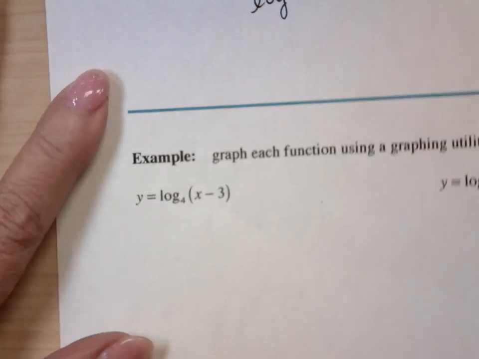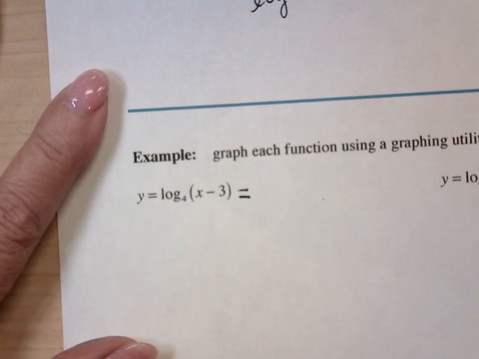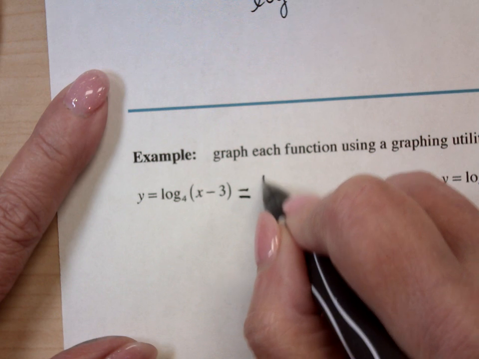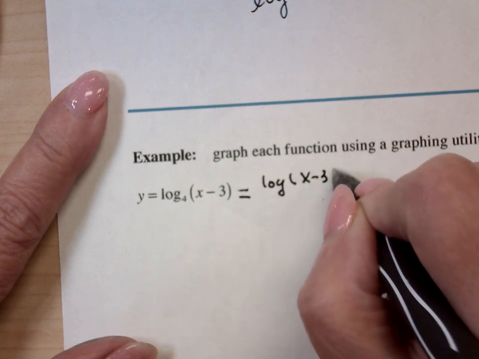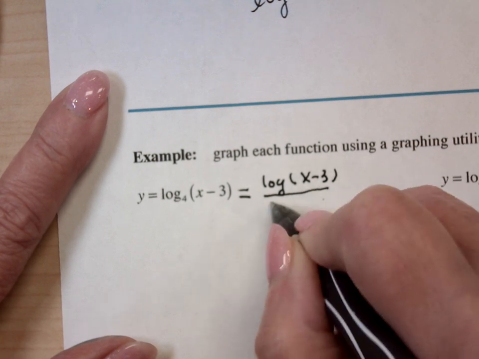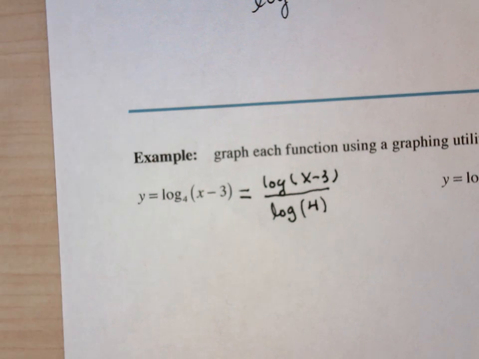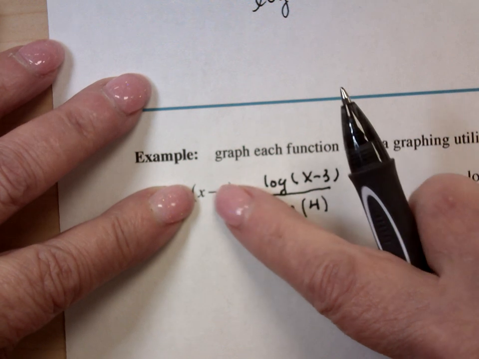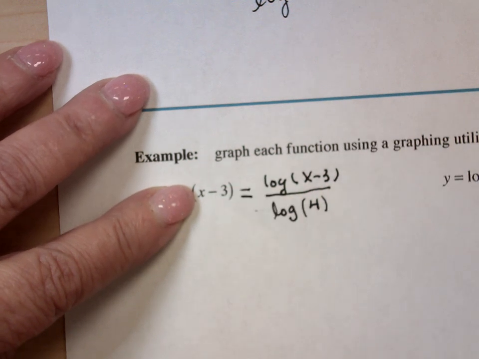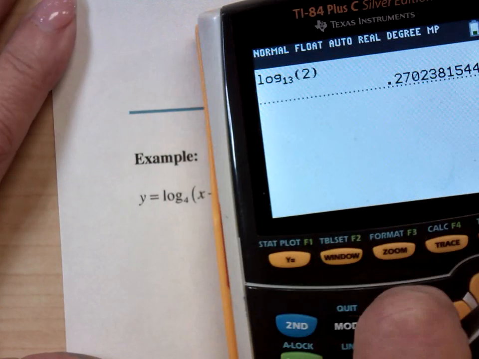But if I wanted to graph him on my calculator, I would put the log of the argument divided by the log of the base. And that would give me a graph. He has a VA at x equals 3, because that's what makes x minus 3 zero. So he's going to look like any other logarithm.